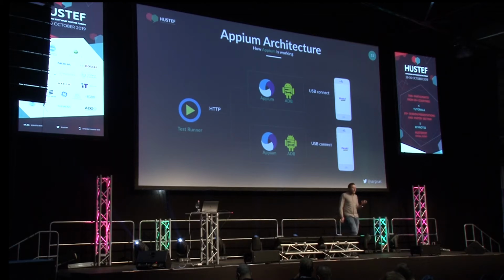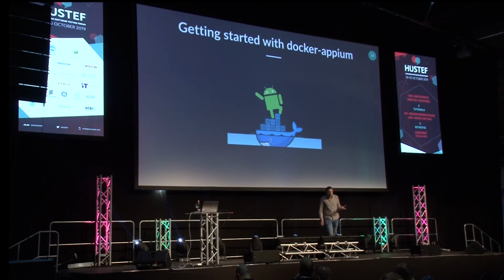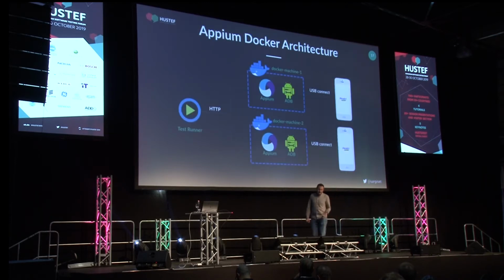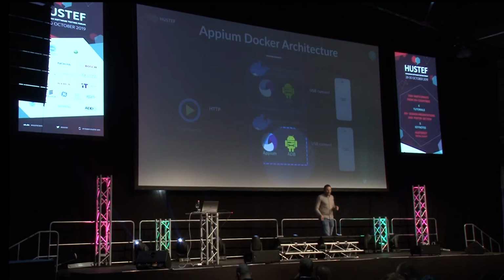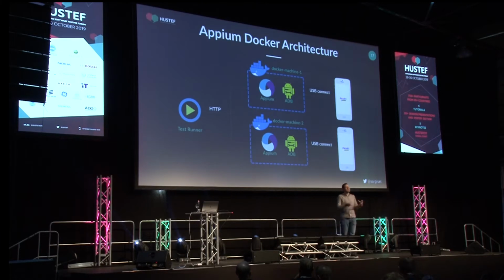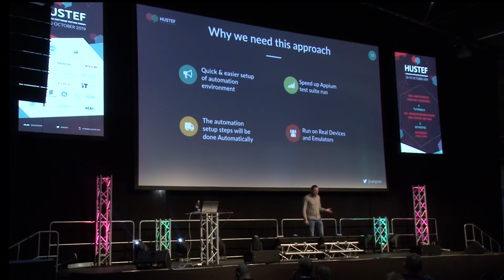So when we are talking about Dockerizing, what we actually mean is basically this. We are putting Appium with ADB inside the Docker container. And every instance goes separately in a separate Docker container.